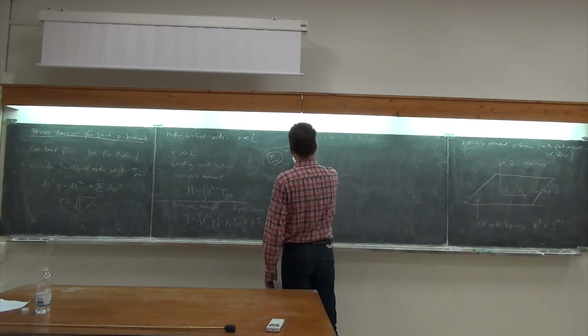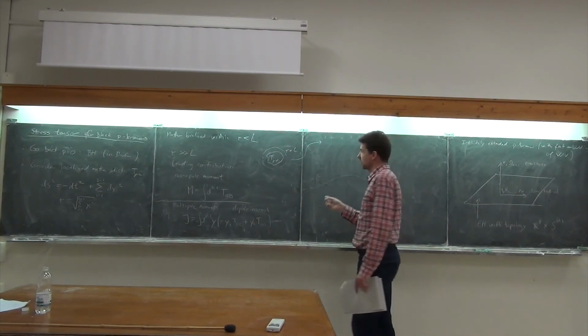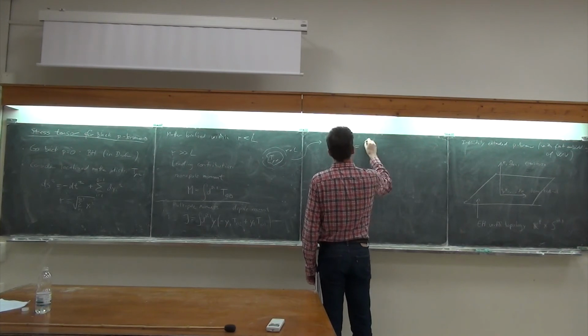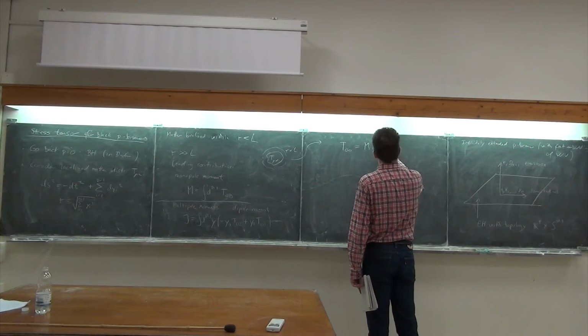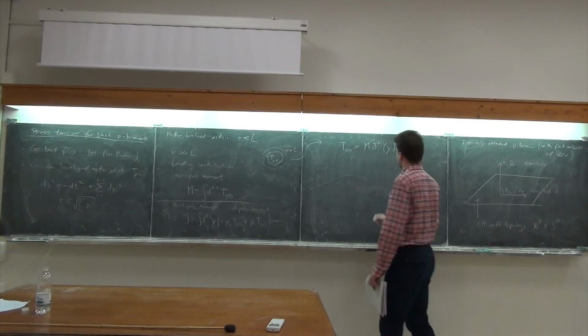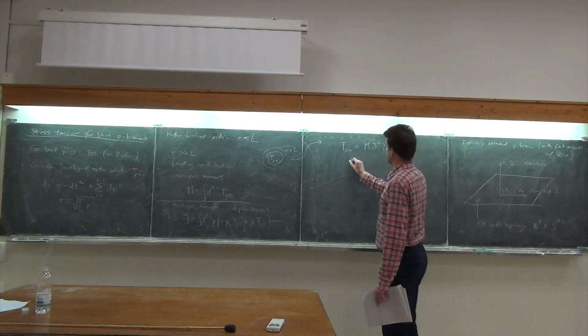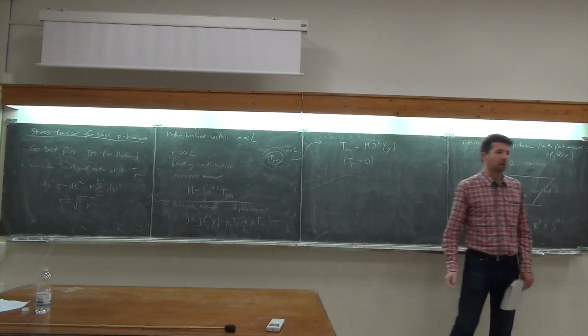And then you can replace this more complicated matter distribution simply with only the monopole moment. And then the matter distribution is simply this delta function, with all other components being 0.